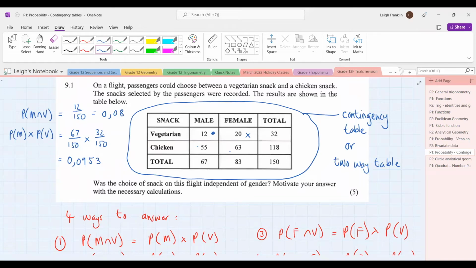Okay, so you would arrive at the same conclusion because the probability of the left-hand side does not equal the product of the probabilities on the right-hand side. So in other words, again, we would conclude that the probability of being male and vegetarian is not the same as the probability of being male times the probability of being vegetarian. They are not equal, and therefore the events are not independent.